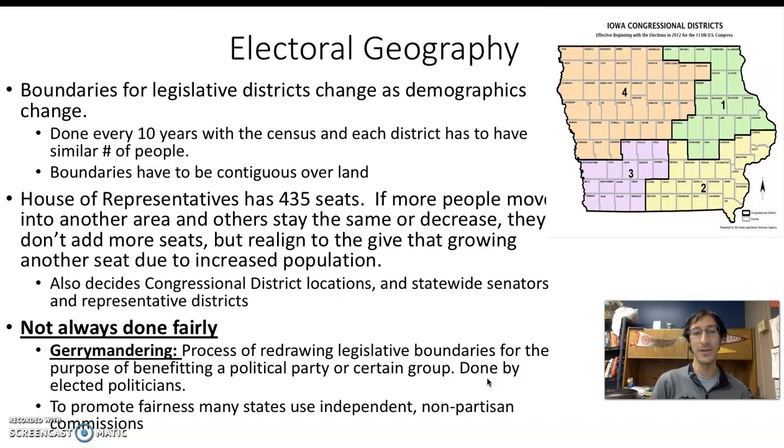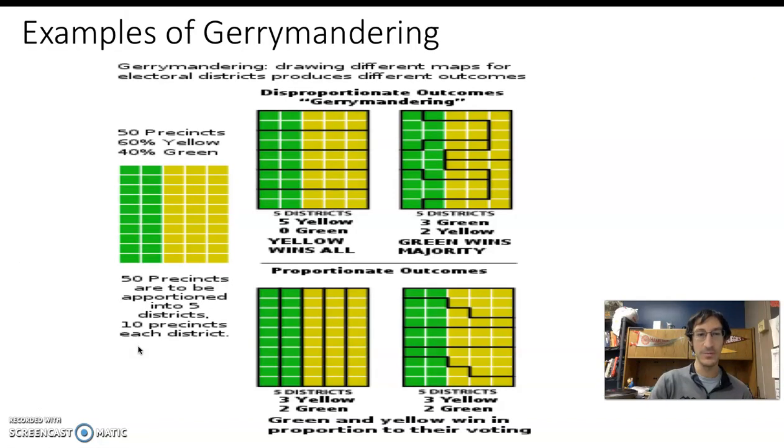You can have independent, nonpartisan commissions. And some states definitely do that, where they draw it up in terms of ensuring political parity, equitable representation, things of that nature. So keep this in mind: when we talk about gerrymandering, it's essentially drawing the boundaries to benefit one party or group, as we will see.